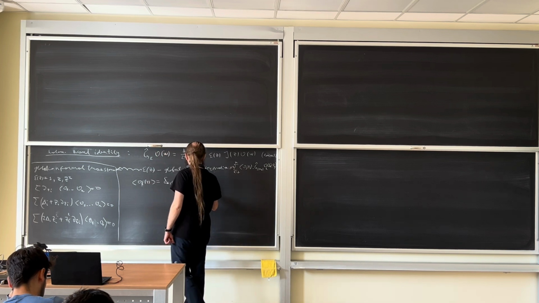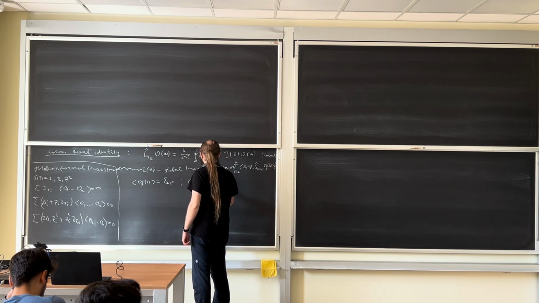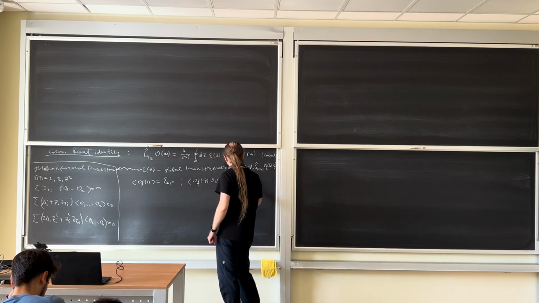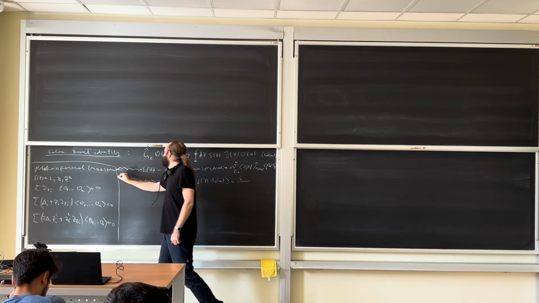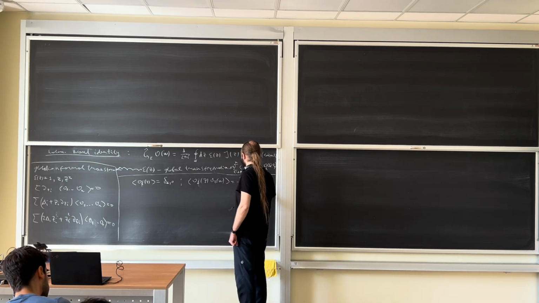A correlator of two operators is non-zero when their dimensions coincide.